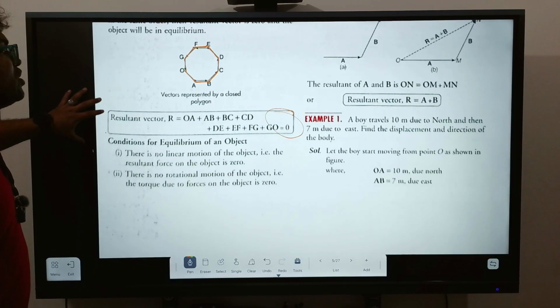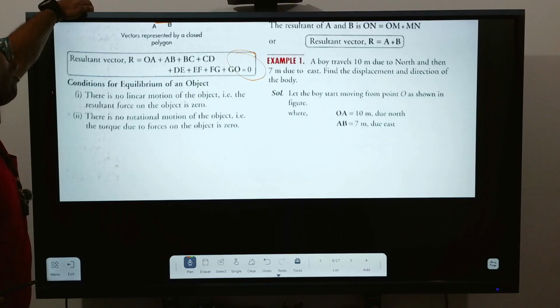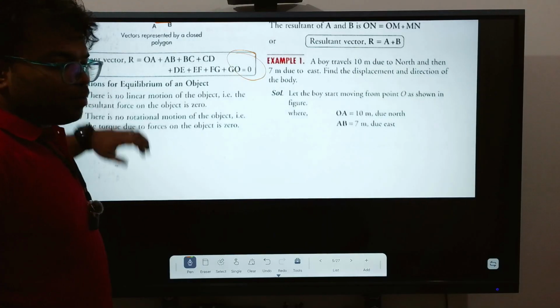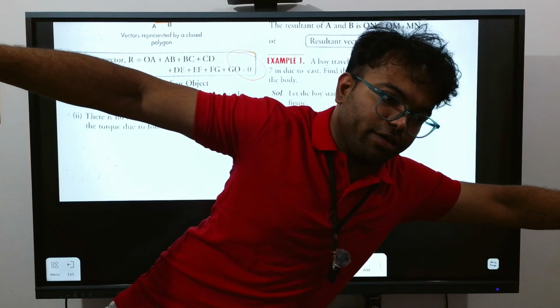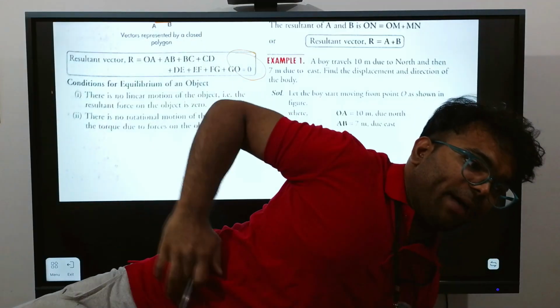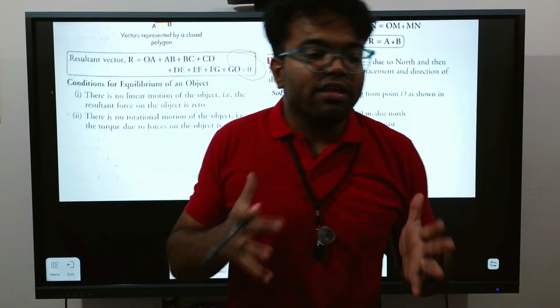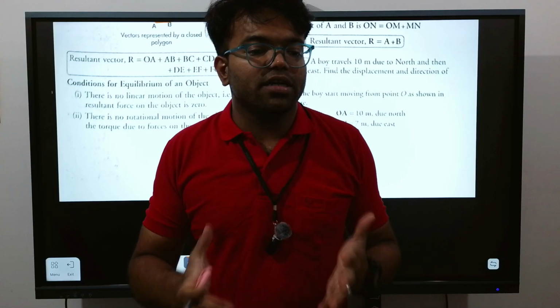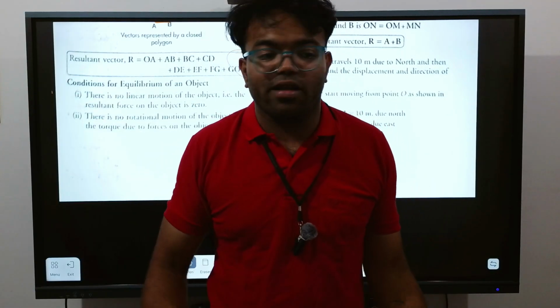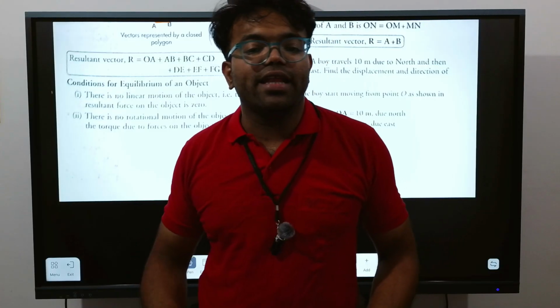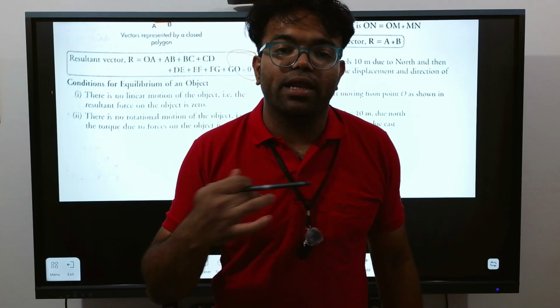Okay. Now, conditions for equilibrium of an object. What is equilibrium, Drupad? It is the balance point, right? If all the vectors acting on a certain object cancel each other out, then you say that the object is in equilibrium.